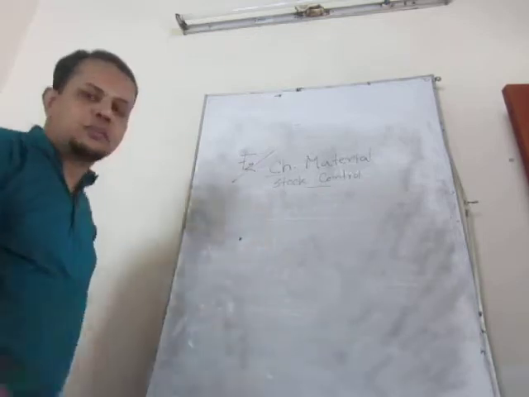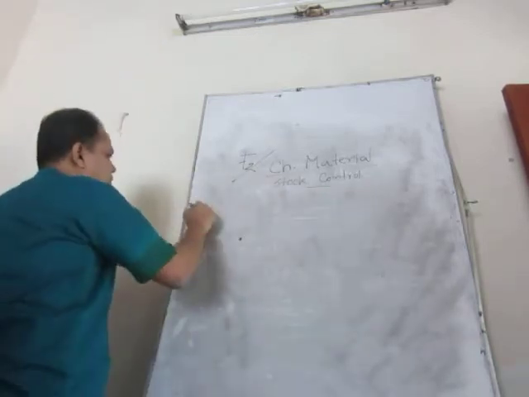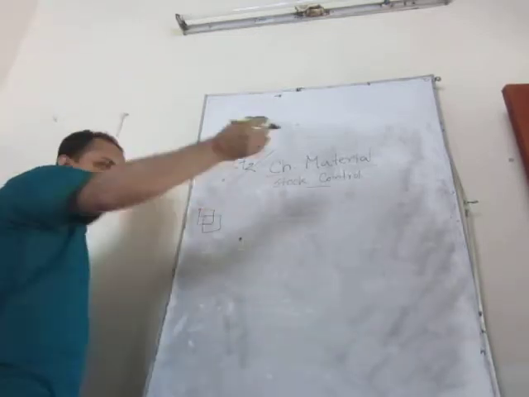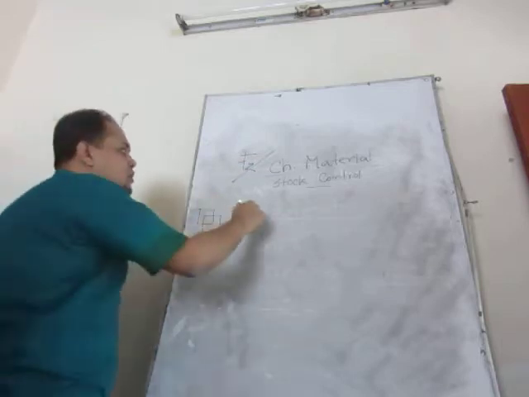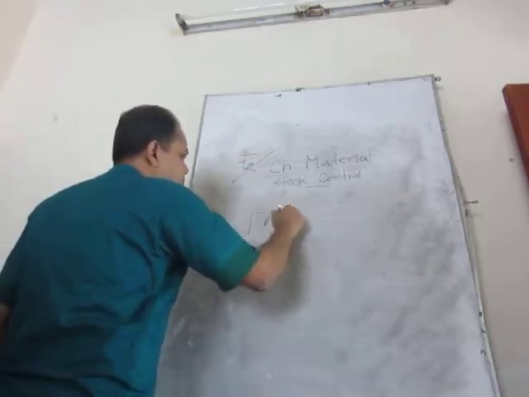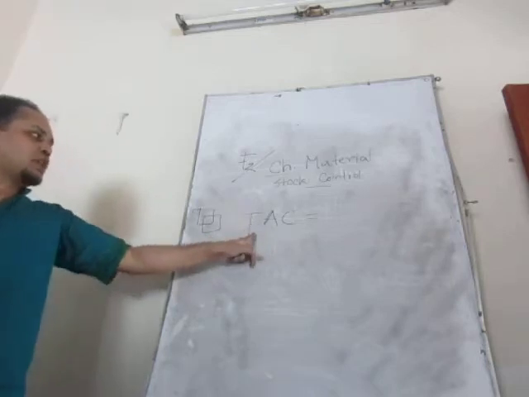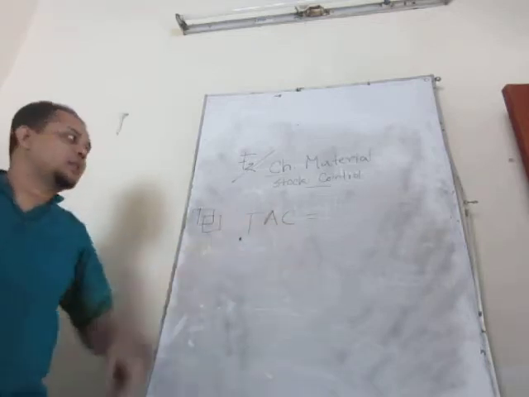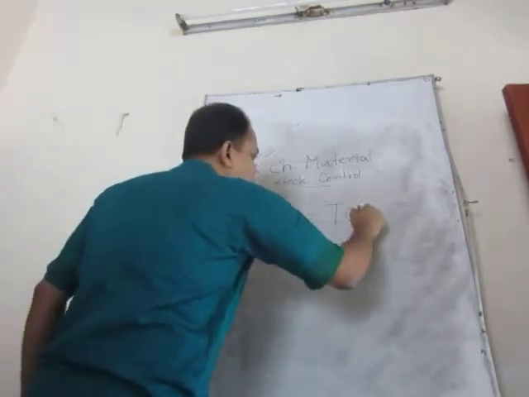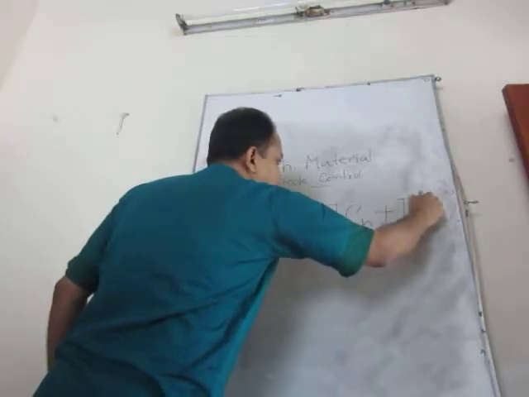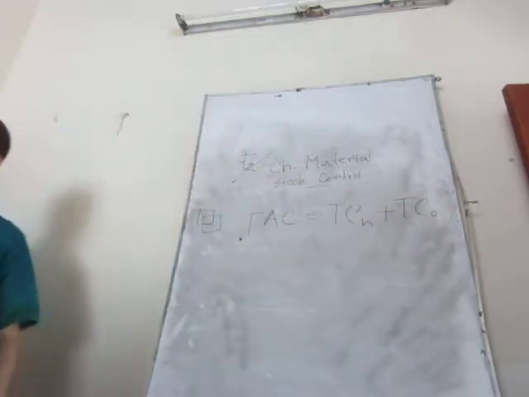Now, end of the day, you need to find out the TAC, total annual cost. And total annual cost means total holding cost plus total ordering cost.